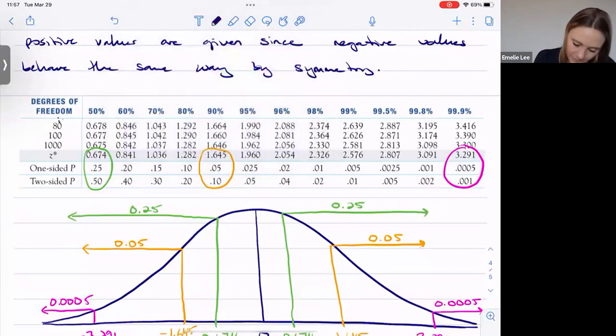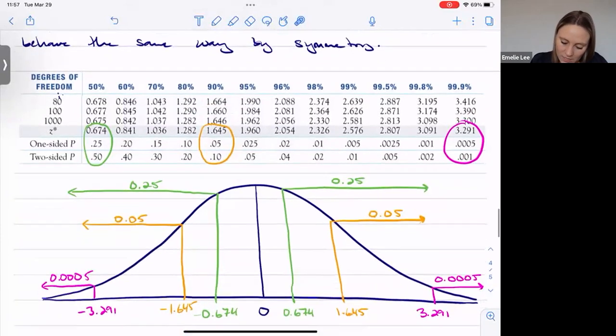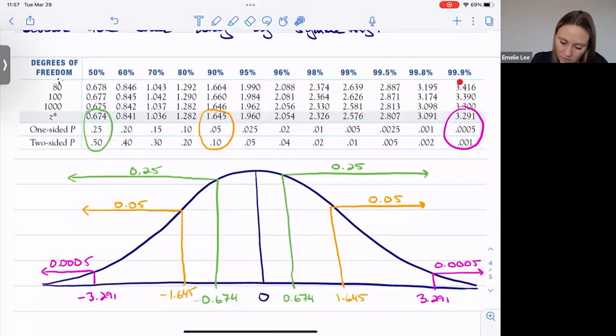Okay, so the area between these two is 99.9%. So if I want a 99.9% confidence interval, 3.29 would be my critical value, plus and minus. I want that central area.